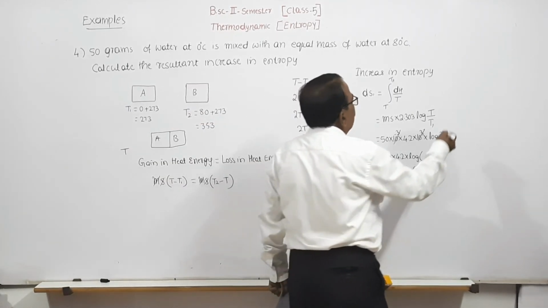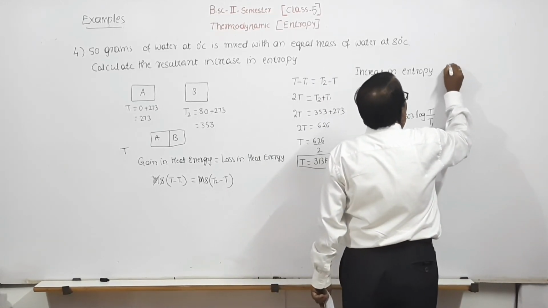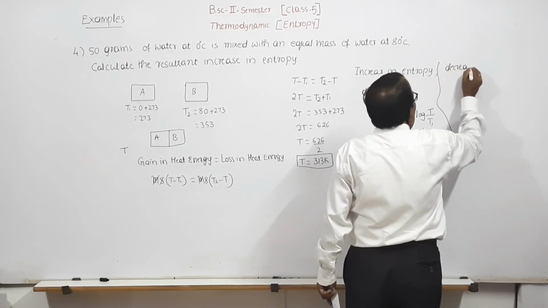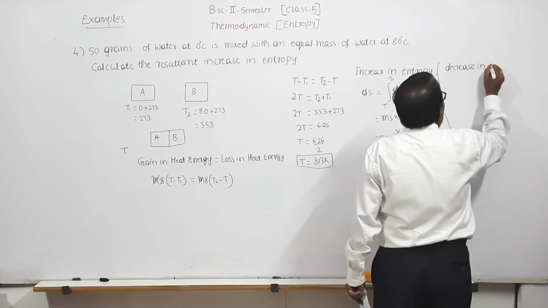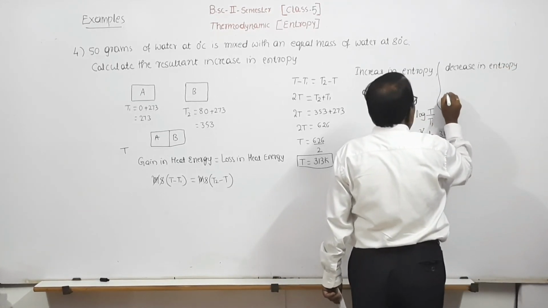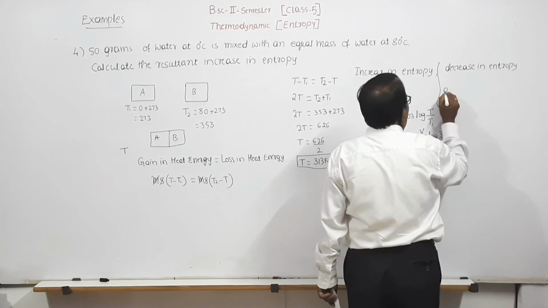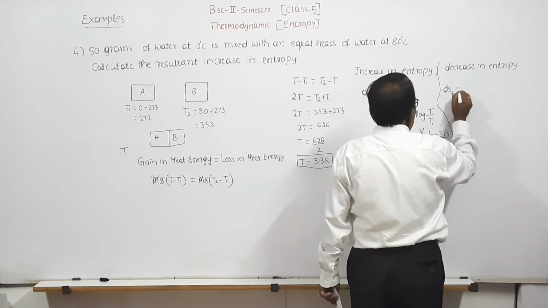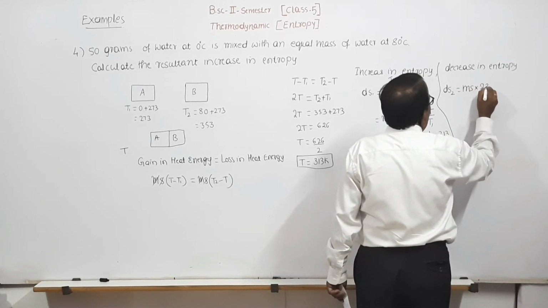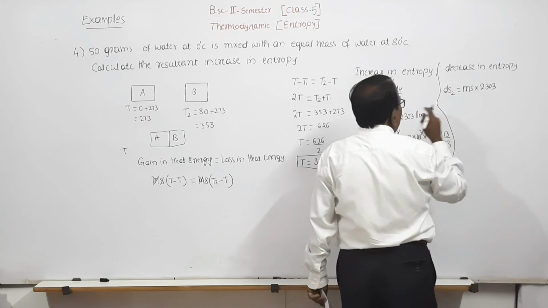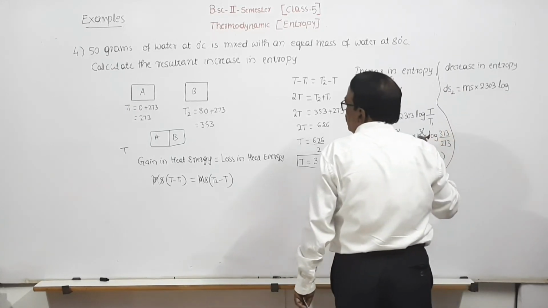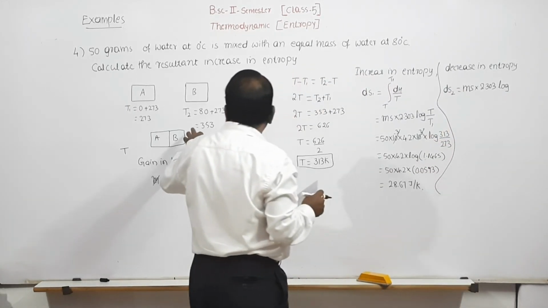Similarly, the decrease in entropy. You are going to get dS2 is equal to m into s, the same thing, 2.303 into log of T by T2.